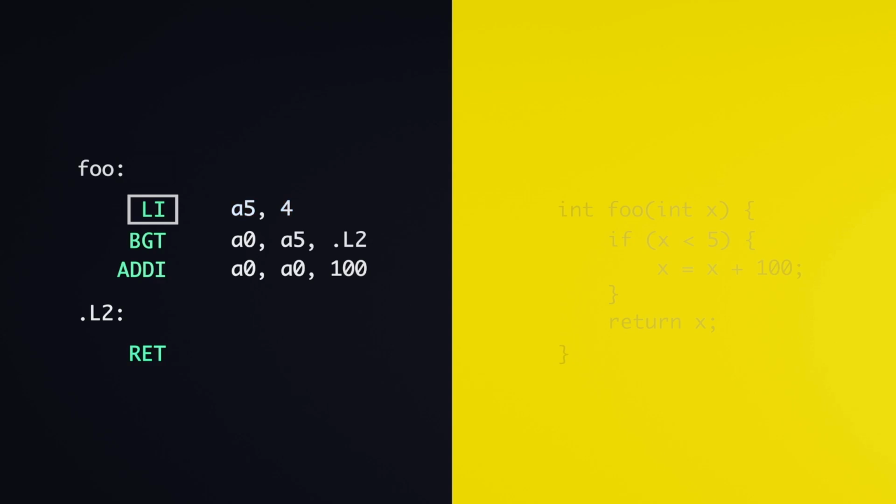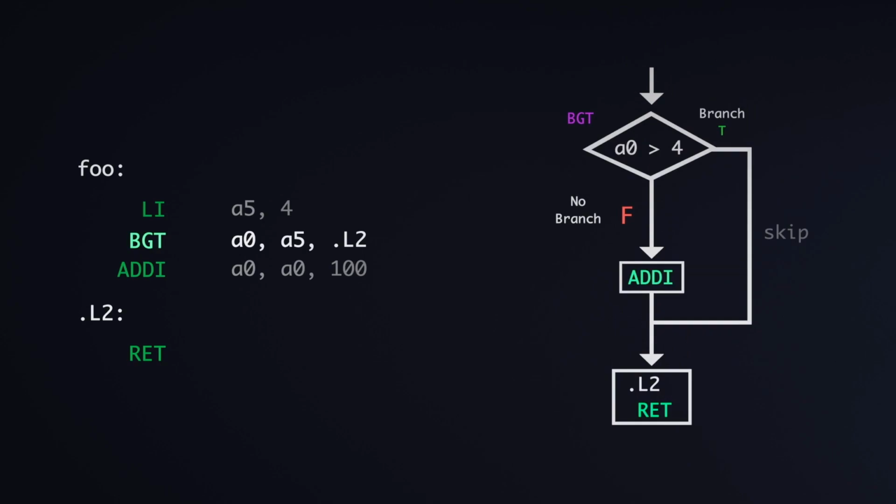This is followed by a branch greater than instruction, which compares the value in register A0 with A5, that is 4. A0 is variable x in this case. If A0 is larger than 4, we skip the next add-I instruction, branch to L2, and execute the return. Else, we proceed to execute the add-I instruction, which adds 100 to A0 before we execute the return instruction.